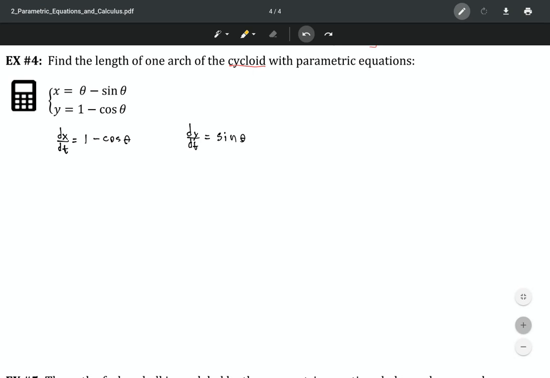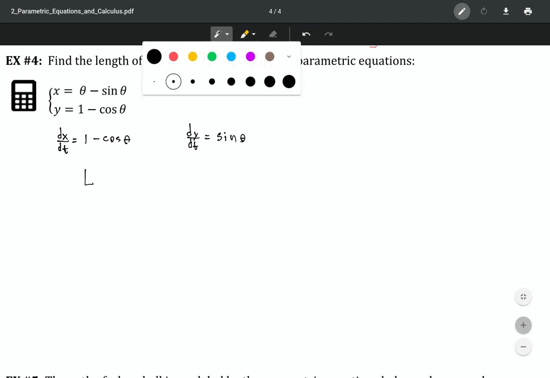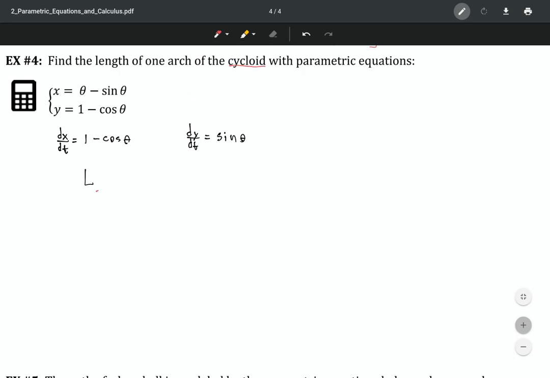Okay, so remember the formula that we're using is this one. I guess I'll write it in red here. I set the formula.